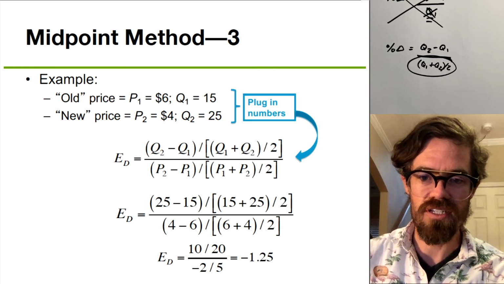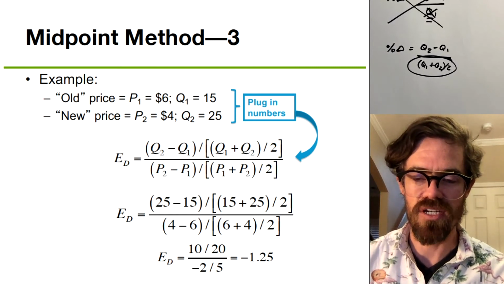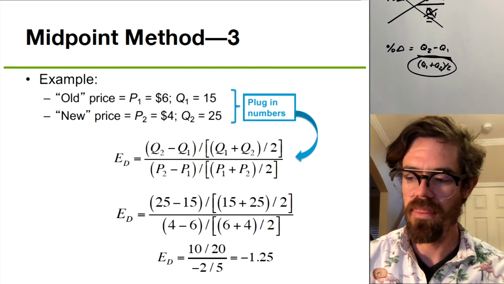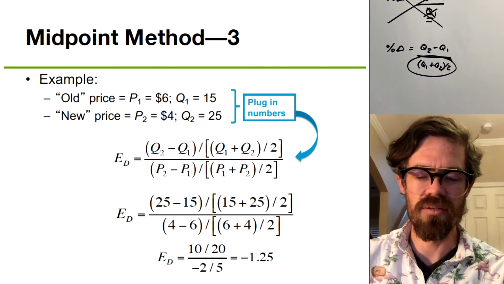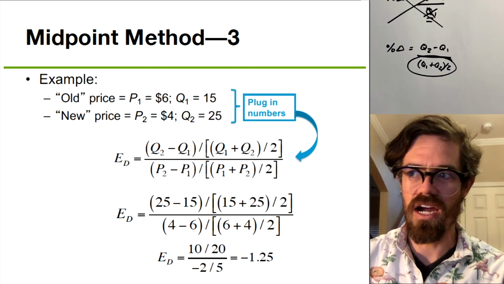So here we see a price decrease, which means that quantity demanded should go up. So just make sure you're sticking with the law of demand: when price goes up, quantity demanded goes down, and vice versa. But you can make up your own numbers and get a little bit of practice. Of course, I guess if you make up your own numbers, you won't be 100% sure if you're right, but I'll give you some practice items as well.